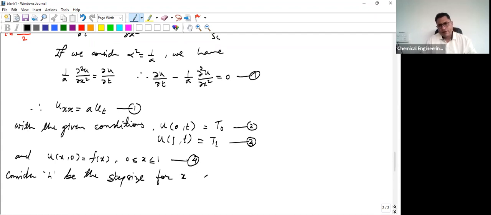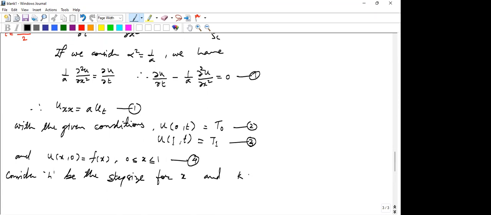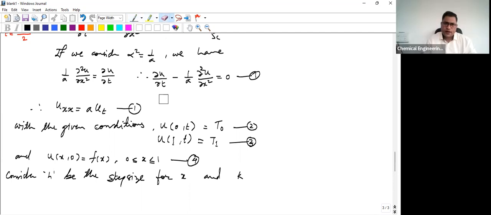T1 is u(1,t), so I am restricting this to 1, because here I am restricting x in 0 and 1.